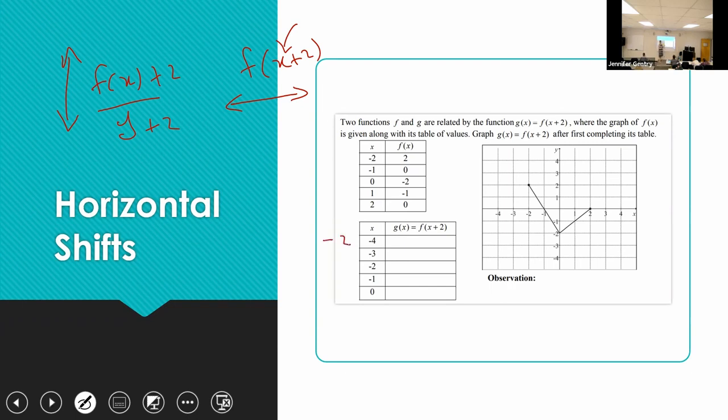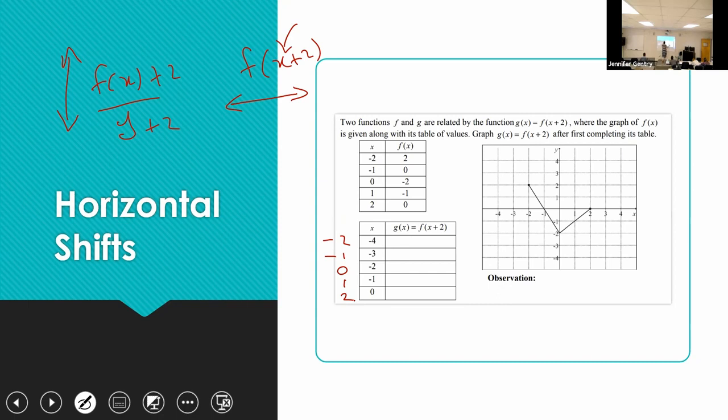Negative 2 plus 2, 0. Negative 1 plus 2 is 1. And 0 plus 2 is 2. All I did was do this calculation. That's going to be my x that I'm going to look for, right?